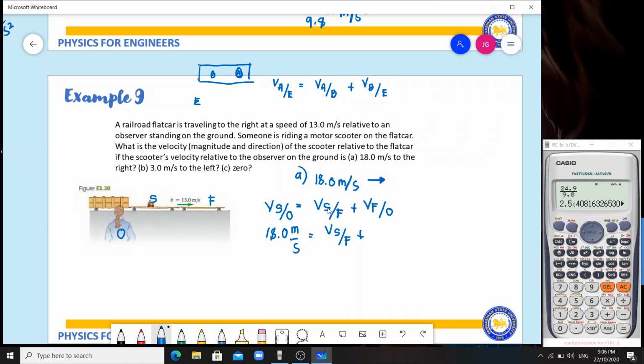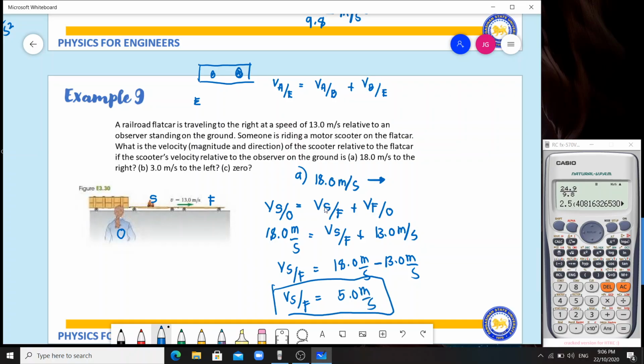At ang flat car natin, relative to an observer is 13.0 meters per second. So, kapag hinanap natin to, that is equivalent to 18.0 meters per second minus 13.0 meters per second, or the velocity of the scooter relative to the flat car is 5.0 meters per second. Okay? That is letter A.